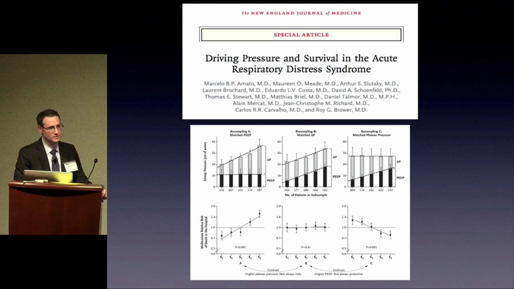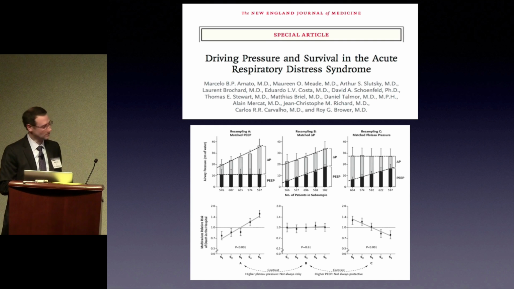You're not going to overdistend the good lung. You're not going to allow inappropriate de-recruitment of the bad lung. So by adjusting our ventilator settings to optimize driving pressure, given that that's a risk factor for acute cor pulmonale, and given that we have some evidence that this improves survival, it makes rational sense.